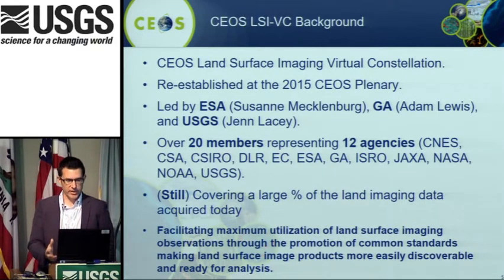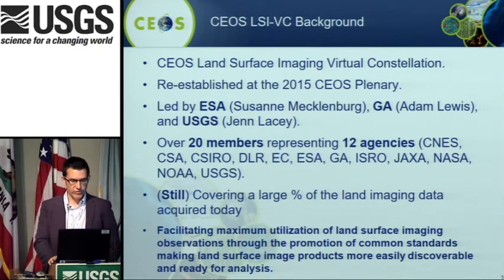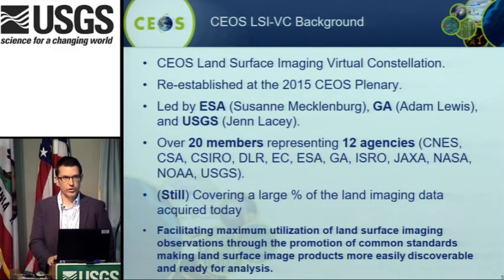And one of the objectives of that group is to facilitate a maximum amount of utilization of that land surface imaging data, also through promoting the use of common standards and making those products both more easily discoverable and also ready for analysis.